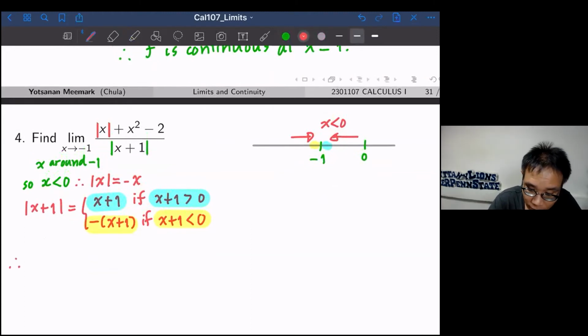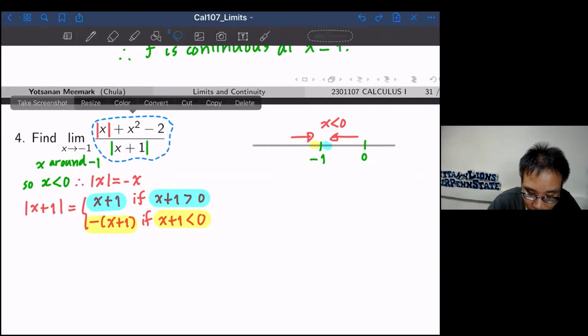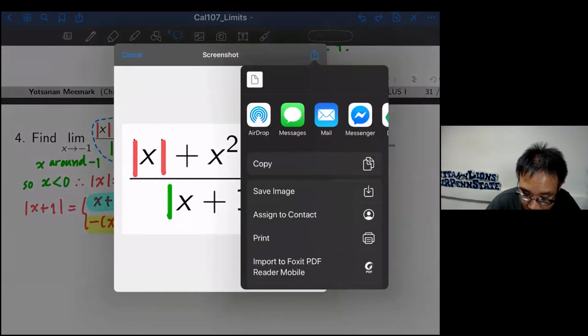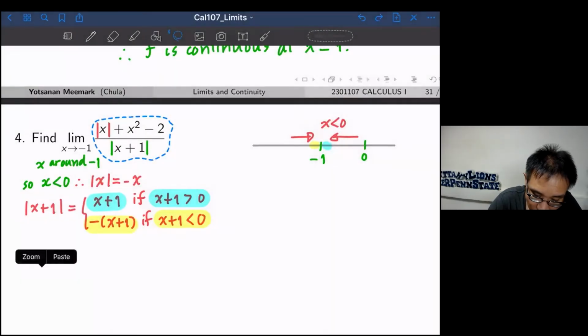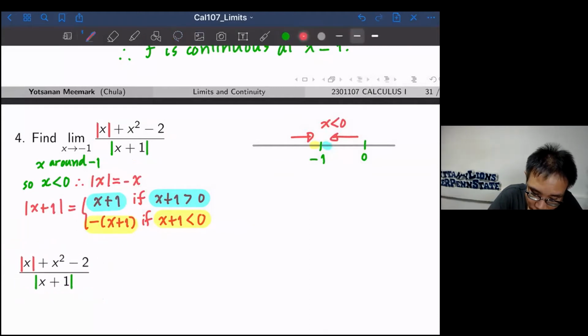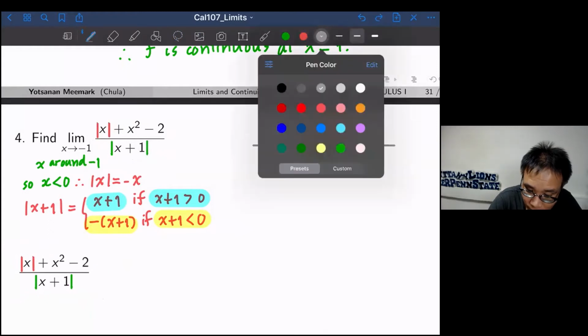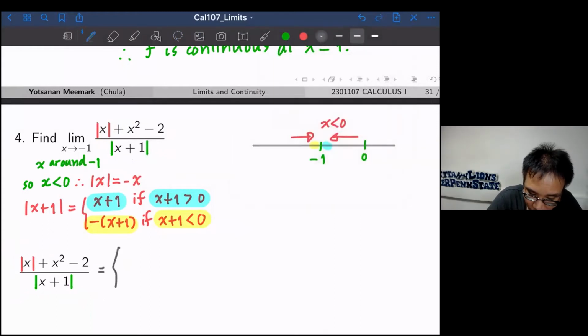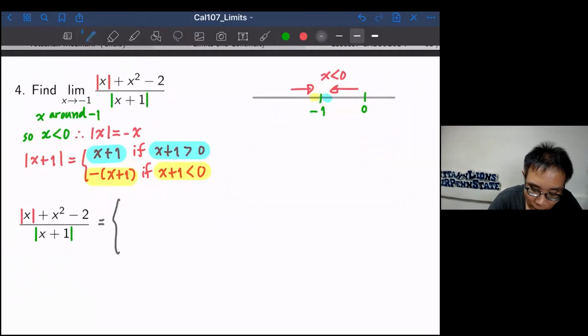So we're going to have your function. Let me copy the whole thing here. You take the screenshot like this, copy. So this turns out to be equal to: the absolute value of x turns out to be -x, and the other term you just copy down, -2.